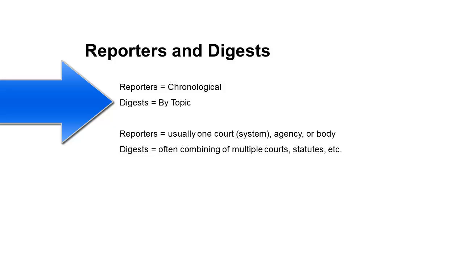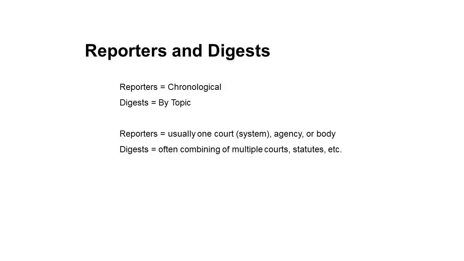So essentially what happens is at some point after the Supreme Court makes its decision about abortion, let's say, somebody is going to go through and basically fit that new decision into the existing decisions that are already out there, and they're going to do that in a digest. So bottom line, a reporter is organized chronologically. A digest is organized by topic.